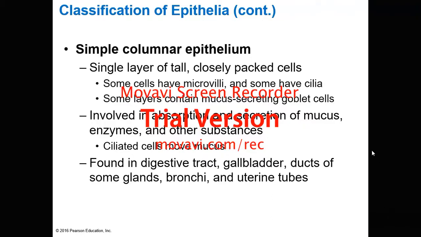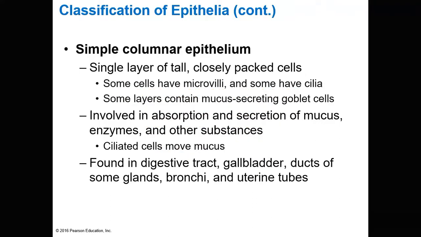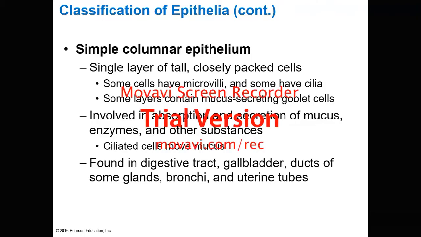The simple columnar epithelium is going to be involved in absorption and secretion of mucus, enzymes, and other substances. The ciliated cells are going to be what moves the mucus.